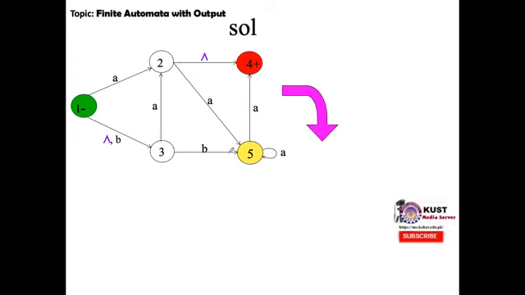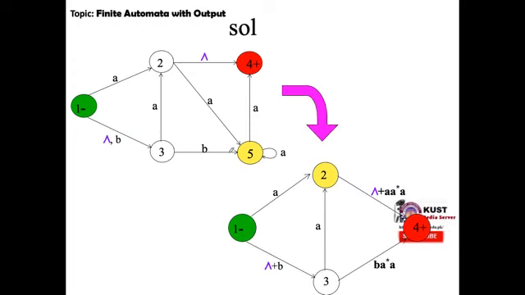We have the NFA with null string, and if we convert it to a regular expression, we try to eliminate this state. When we eliminate this state, you see 2 and 3 stay as they are, but you see there are paths. One path is this one, and the other path is this one.